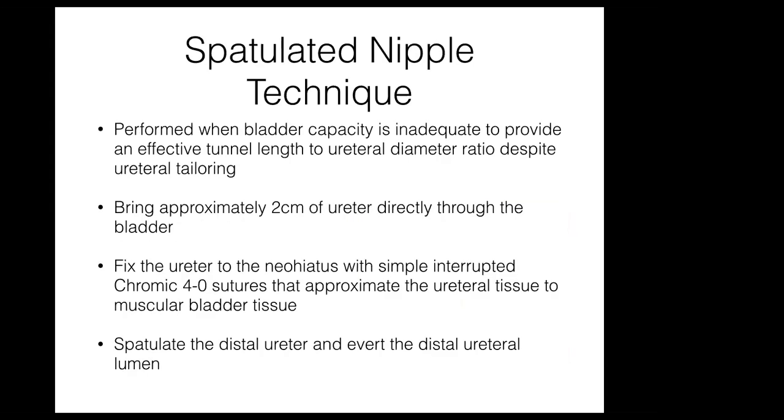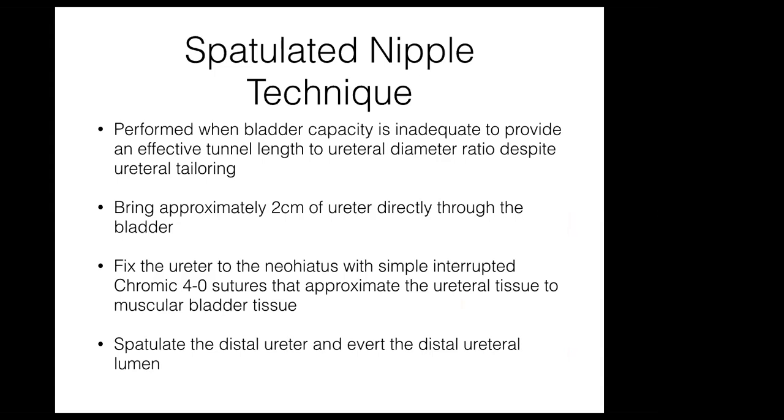As for the spatulated nipple technique, it is performed when bladder capacity is inadequate to create an effective tunnel length to ureteral diameter ratio despite ureteral tailoring. So you perform this by bringing approximately 2 cm of the ureter directly through the bladder.